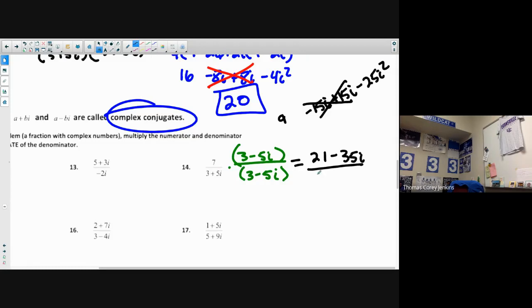So that's 9 minus 25i squared, right? And then we have to clean that up. That really means 9 minus 25 times negative 1. So 9 plus 25 would be 34.